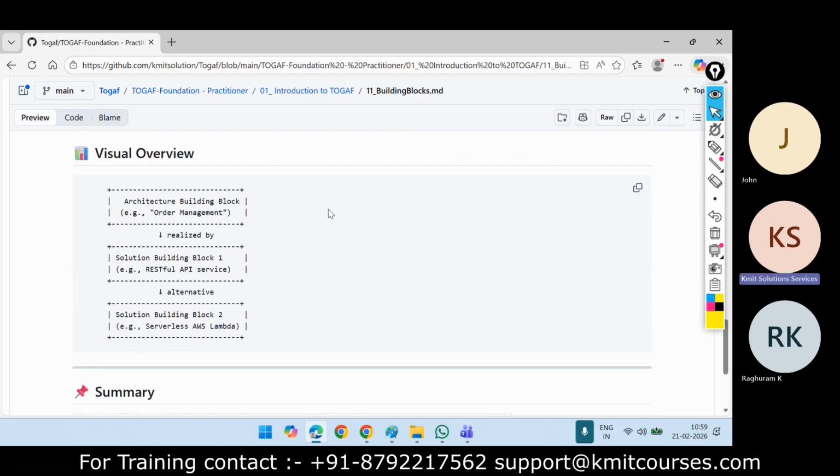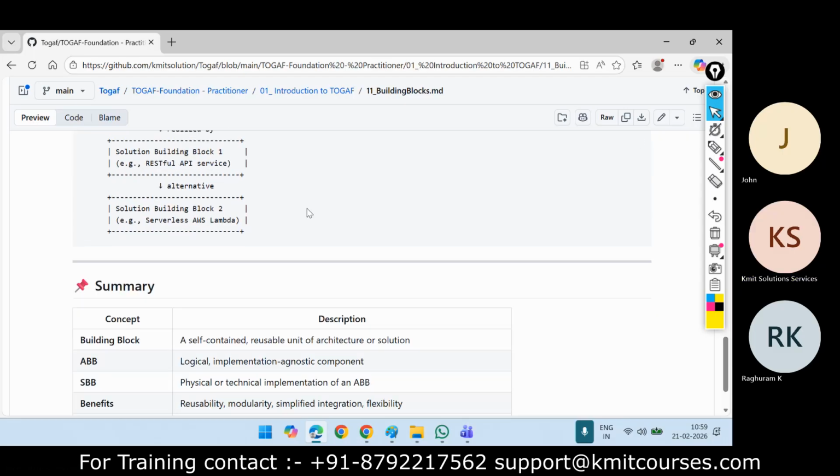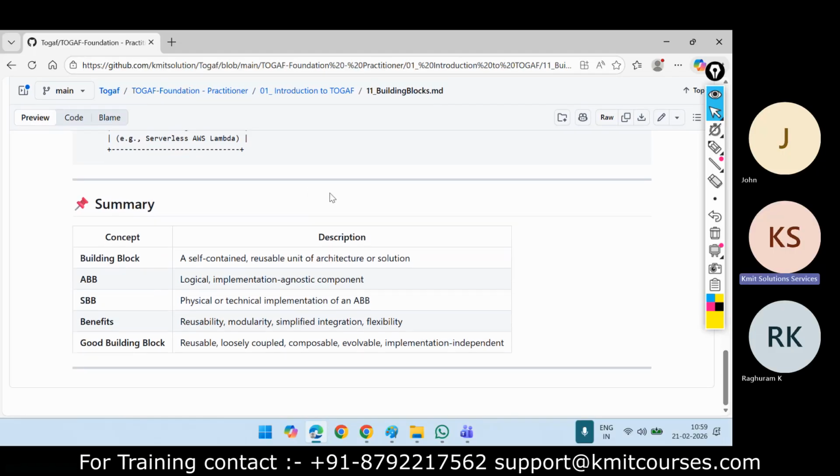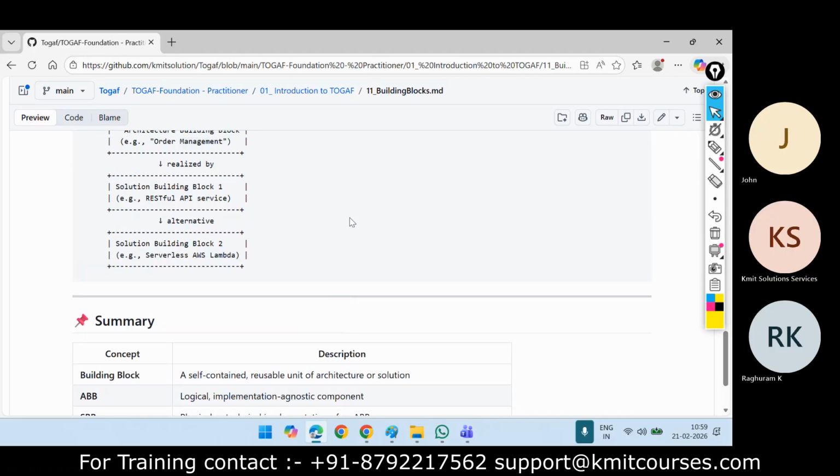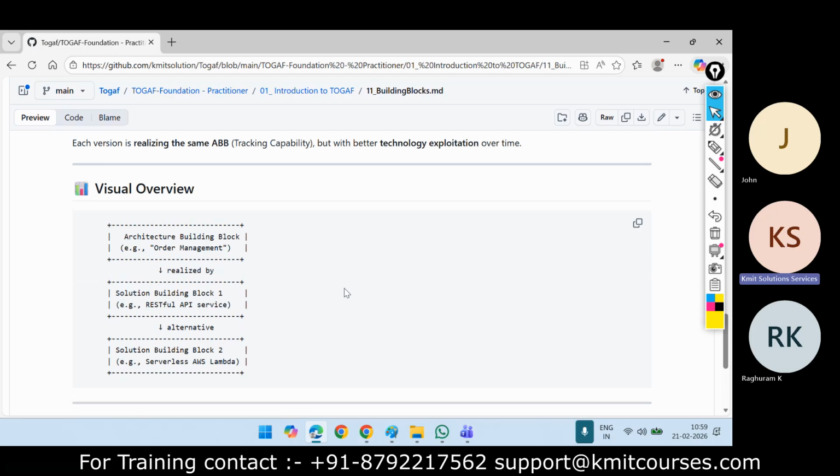For example, you are having order management. It is an architecture building block realized by a solution building block. It will create a REST API service and implement it. Alternatively, you are having serverless AWS Lambda operations. So these are the two types of building blocks.